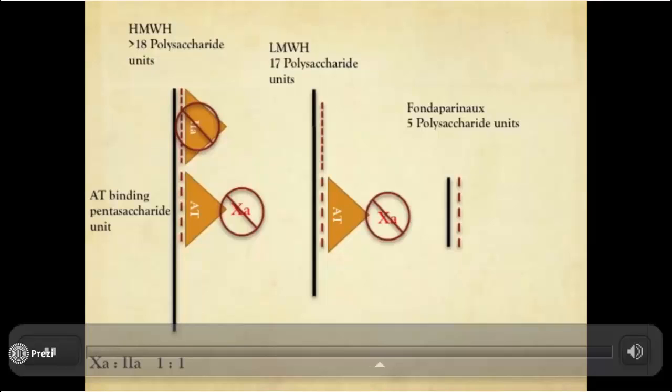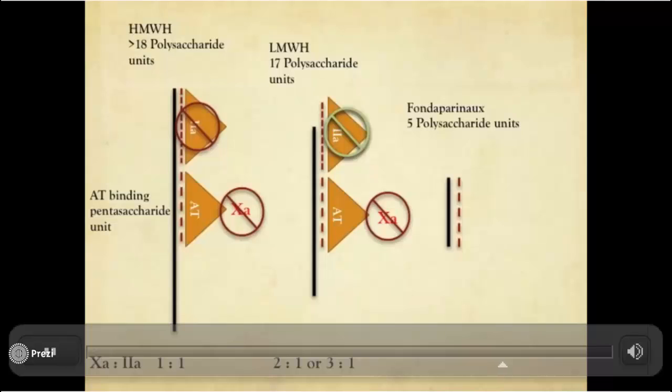The mean polysaccharide units in low molecular weight heparin is around 17, whereas for tethering of the factor 2A more than 18 polysaccharide units are required, and therefore some of the molecules of low molecular weight heparin bind this factor 2A and deactivate the factor, whereas the other molecules are too short to bind the factor 2A and therefore inhibit only the factor 10A. So the ratio of factor 10A to factor 2A inhibition activity is around 2:1 or 3:1 depending upon the type of preparations.